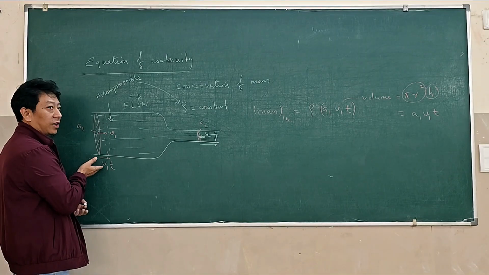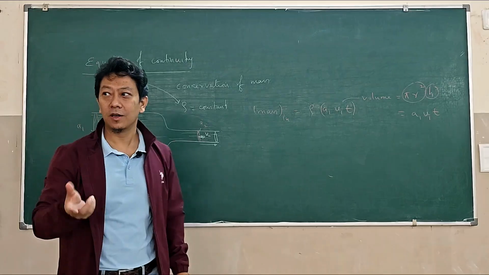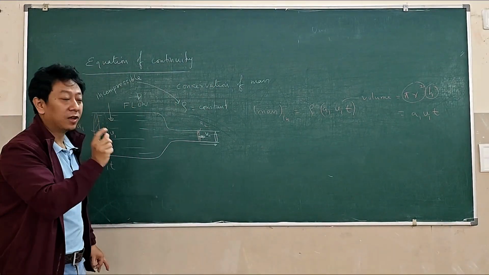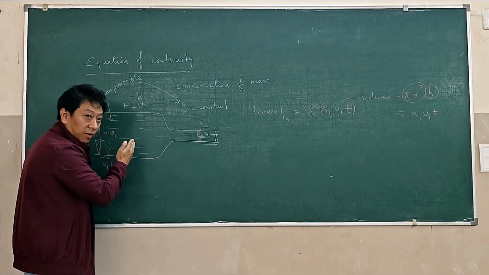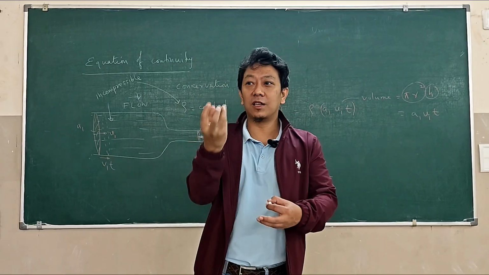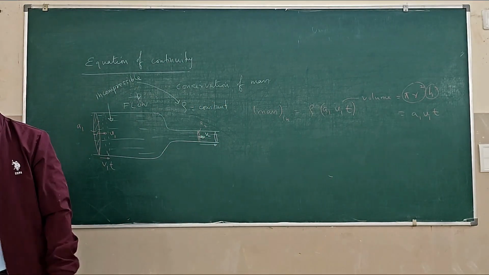If you wait here 1 second and here 1 year, then in 1 year more water will come out obviously. What I am saying by conservation of mass? If you wait 1 second here and 1 second here, whatever mass came in, same mass should go out. You cannot suddenly create mass in the middle, or suddenly mass cannot get lost.